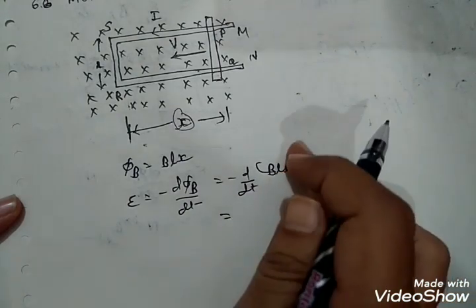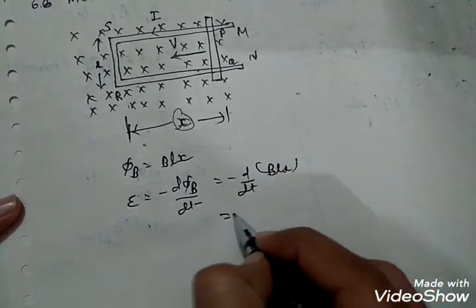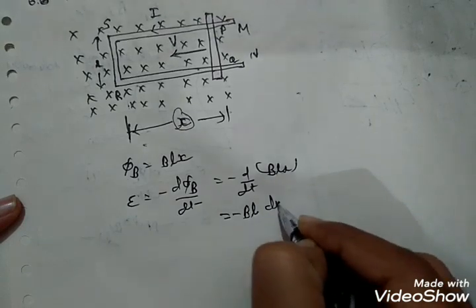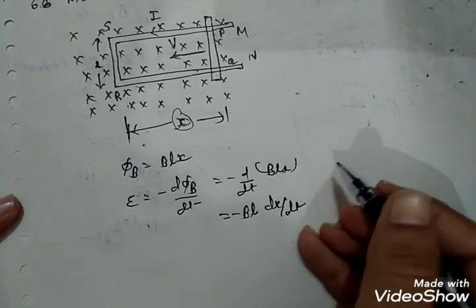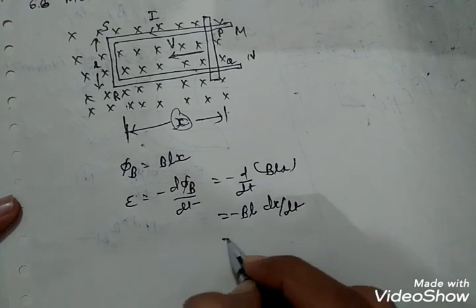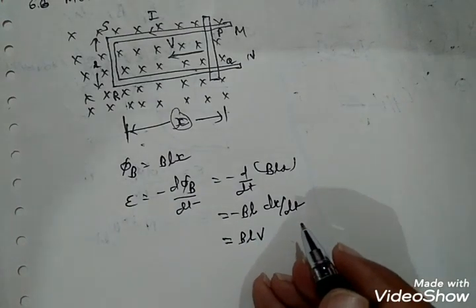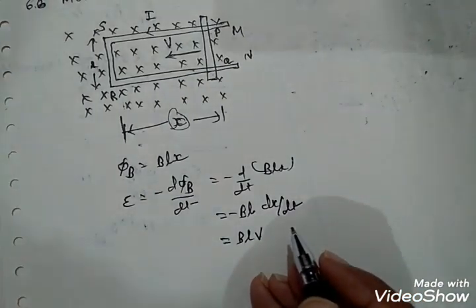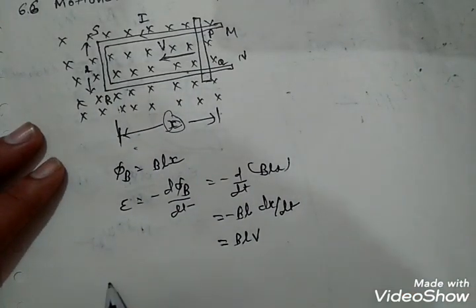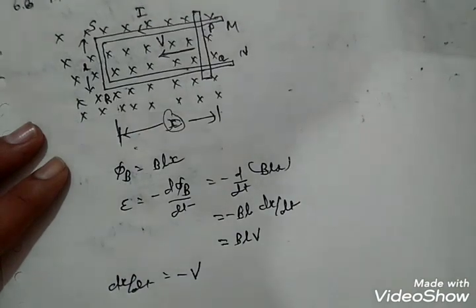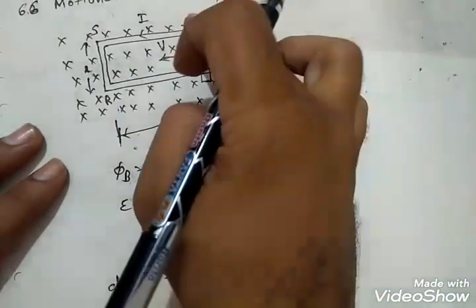So E is equal to minus B and L, which are constant, times dx by dt. So now here it is equal to BLV, where we have used dx by dt is equal to minus v, which is the speed of the conductor PQ.